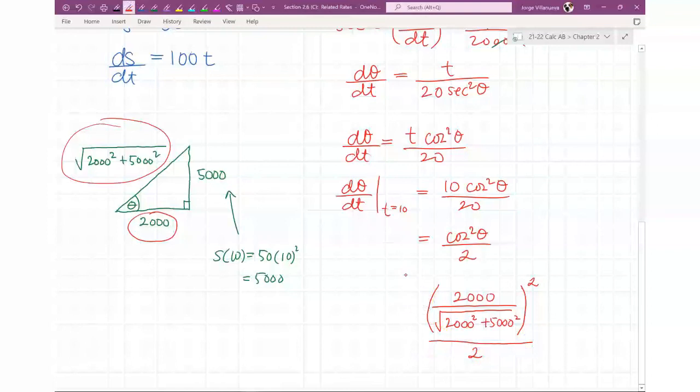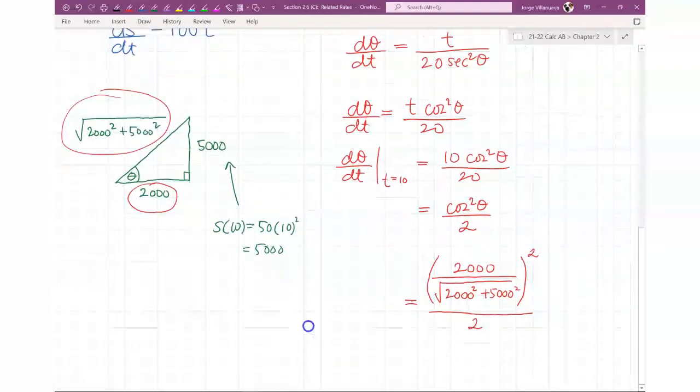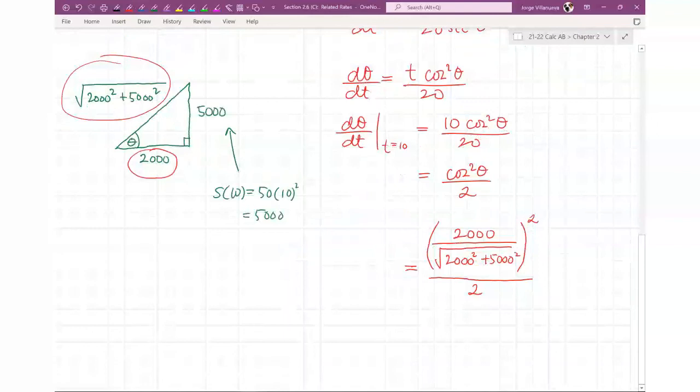I know this is getting kind of messy, but this is where you're going to use your handy dandy calculator, right? And start simplifying. So if you put this into your calculator, you get, well, let me see if I can clean it up a bit: 2,000 squared over 2,000 squared plus 5,000 squared, times 2.